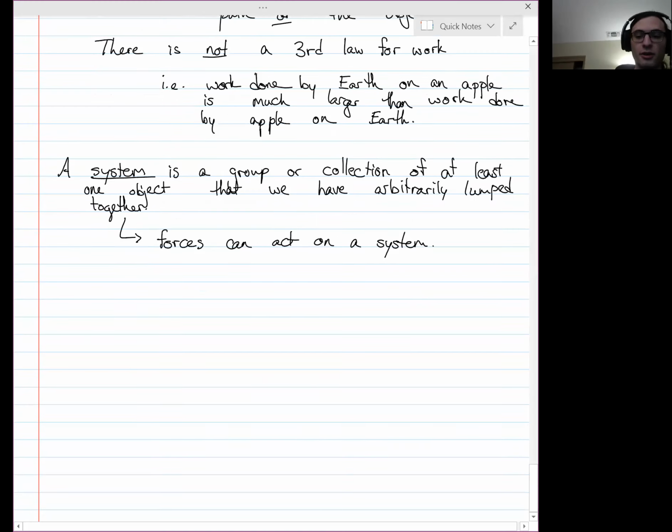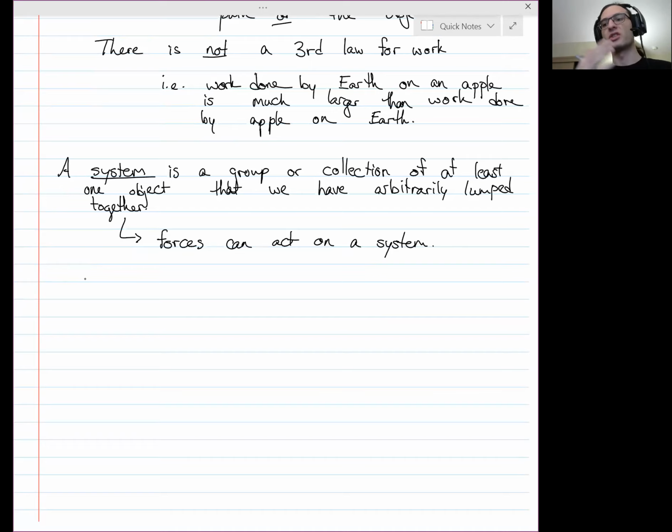So once we've established that forces can act on a system, we can also realize that there can be forces acting internal to a system. A good example: I am the system, my heart is part of the system, my heart is beating, it's moving, right?